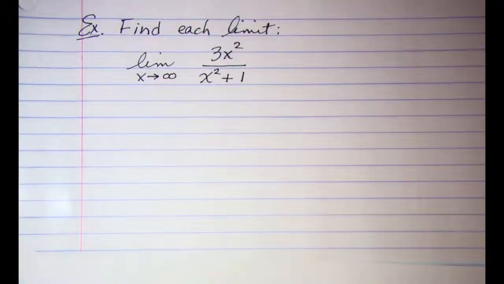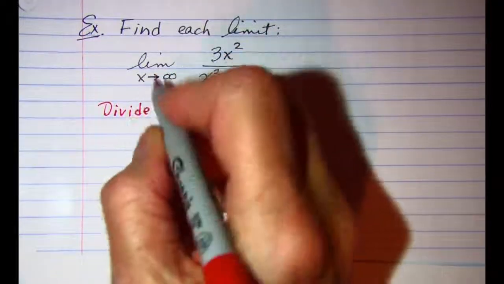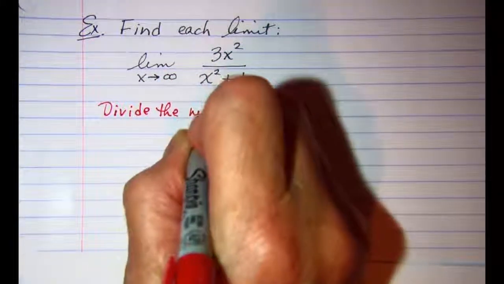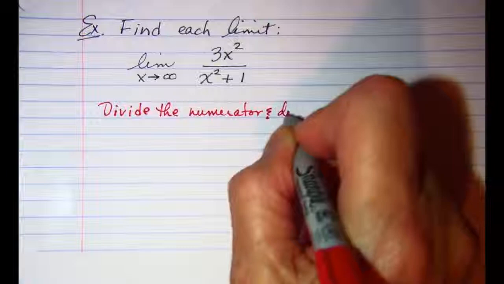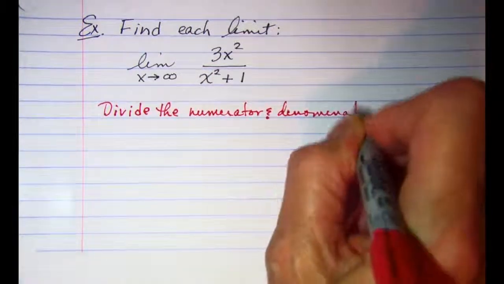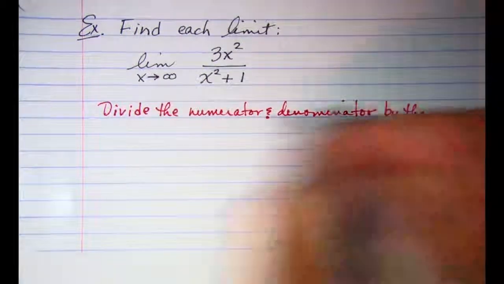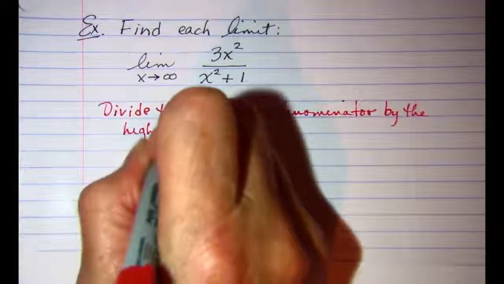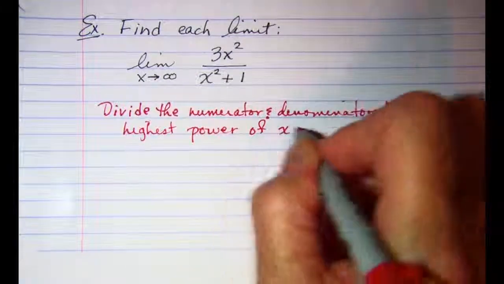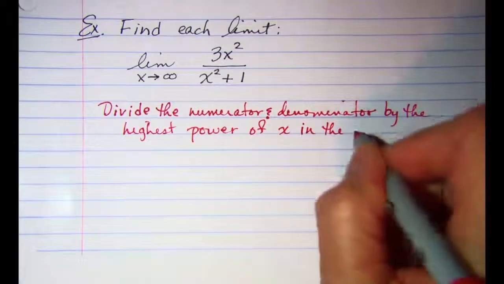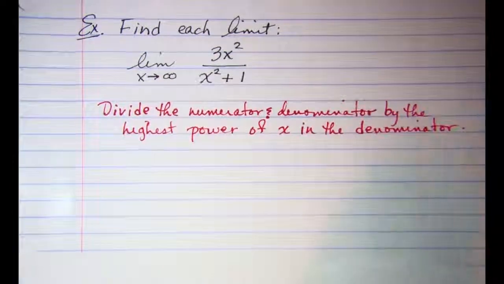So our first step is to divide the numerator and denominator by the highest power of x in the denominator, because we don't want to get a 0 in the denominator.